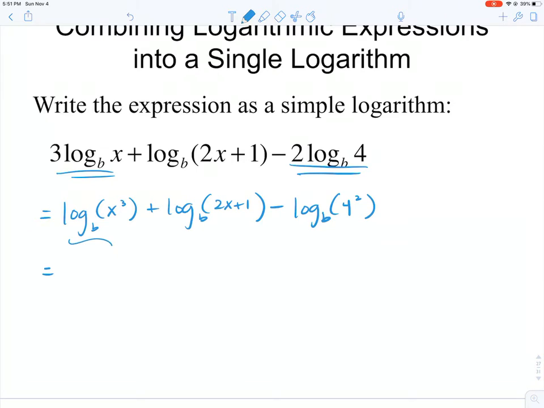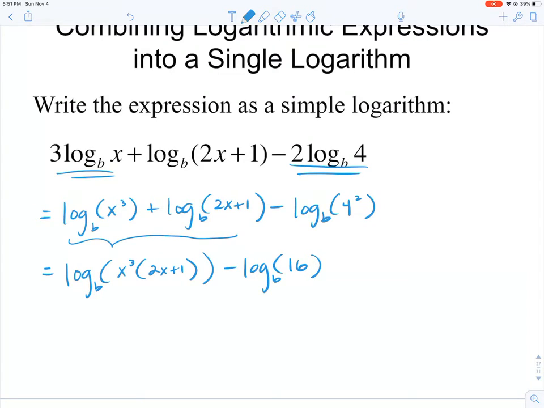Okay, we can use product rule to rewrite that sum as a single logarithm. So the log base b of x cubed times 2x plus 1. I'm going to write that as minus the log base b of 16.